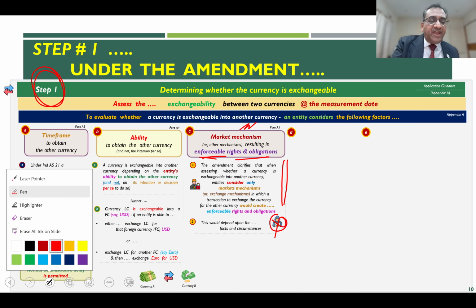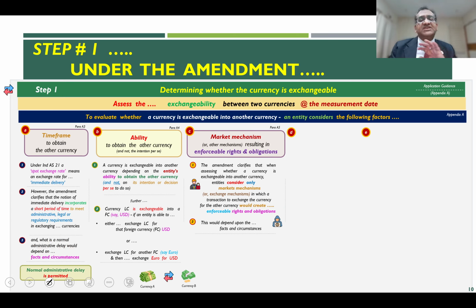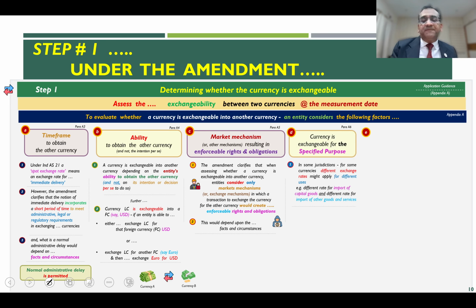If enforceability in the eyes of the law is not happening in a particular exchange mechanism, then that needs to be ignored for the purpose of step 1, exchangeability between the two currencies. The fourth factor given is paragraph A6. It says, currency is exchangeable for the specified purpose.